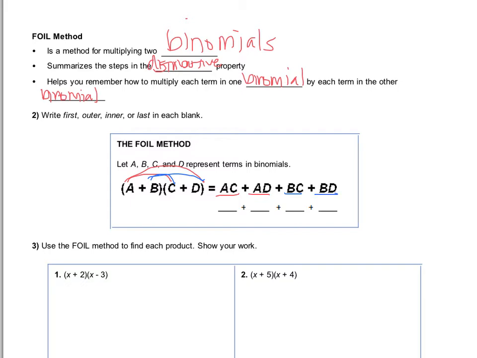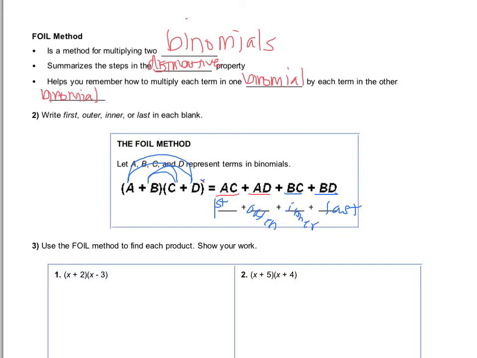And what the letters in FOIL stand for is first, outer, inner, and last. And that's how we get them, because we multiplied the first term in each parentheses, and that's where the AC came from. The outside term in each one, that's A and D. The inside ones, that's B and C, and the last ones are B and D.